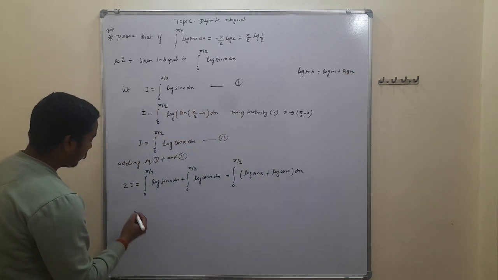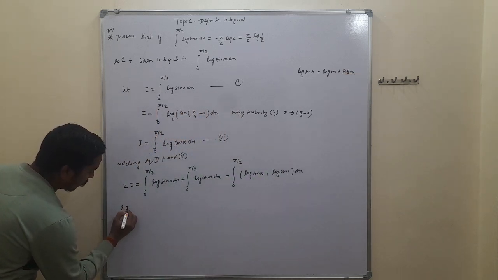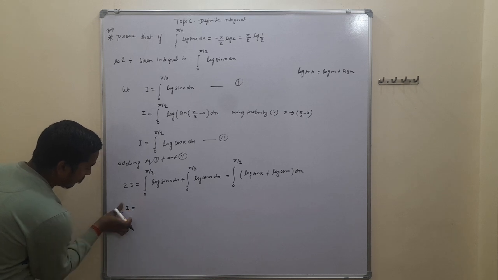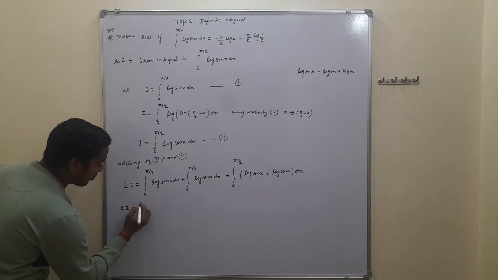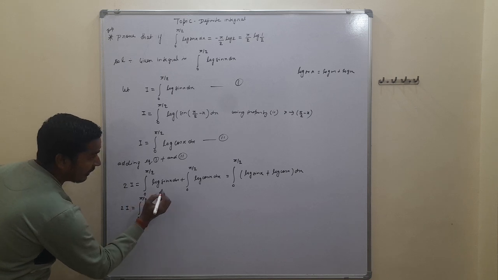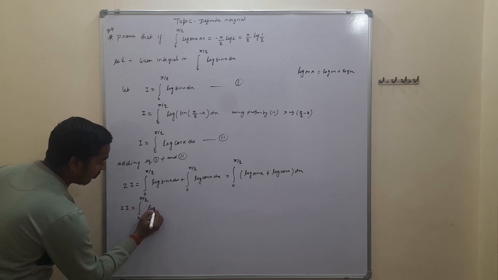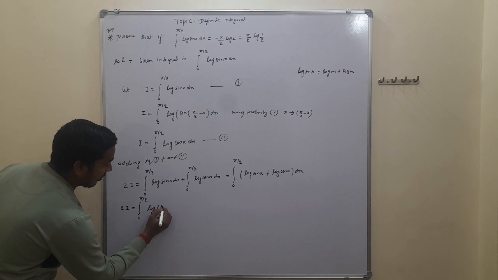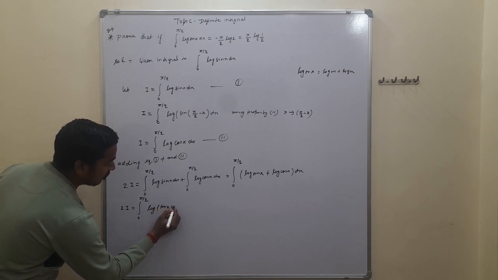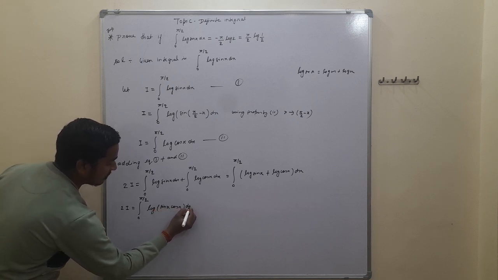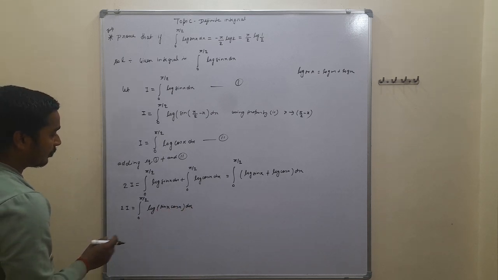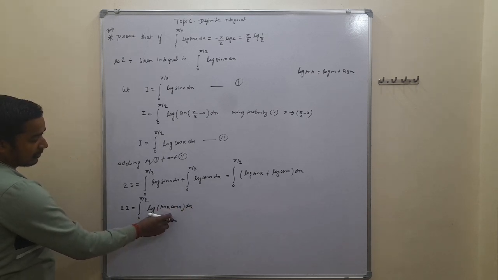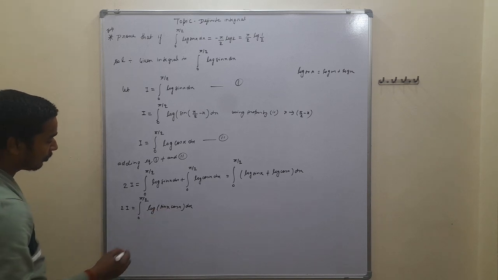we write 2I is equal to the integral with limits 0 to pi by 2 of log of sin x into cos x dx. From here we multiply both numerator and denominator by 2.